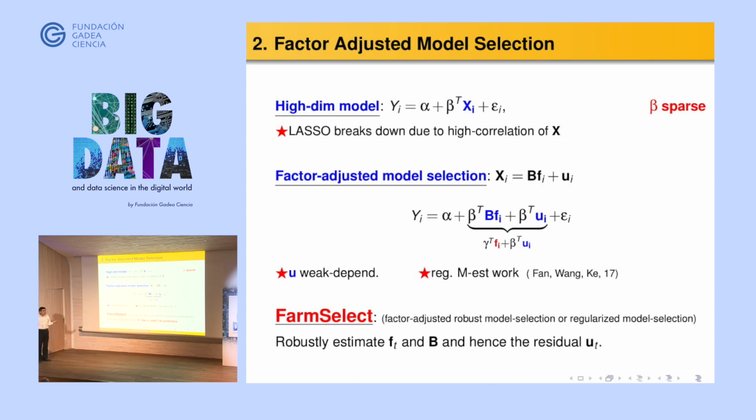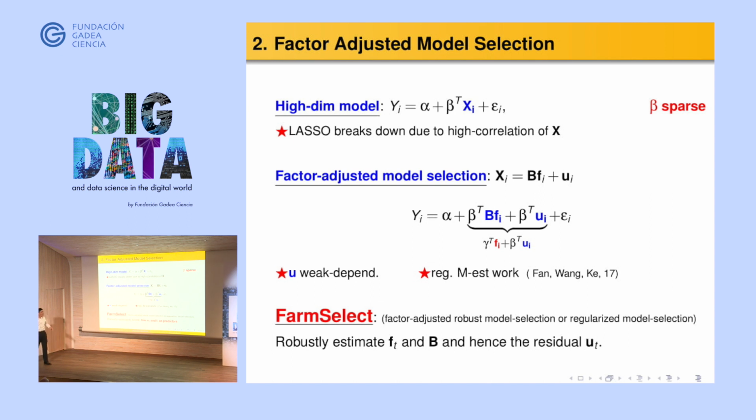And then factor-adjusted model selection is very simple. By decomposing your X into the common part plus the idiosyncratic part, and then you just substitute this into the regression, so you get a model like this. It's just a very simple substitution. So now if you look at this, what is the new variable? The new variable is the common factor Fi, plus the idiosyncratic part, right?